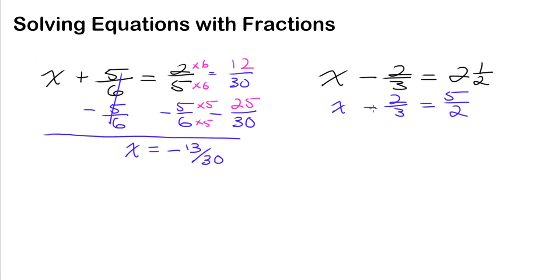So here I have to get rid of a negative 2/3, so I'm going to add 2/3 to both sides. These cancel out here, and I get x equals, and again to the right, I need common denominators, and the least common multiple of 2 and 3 is 6.